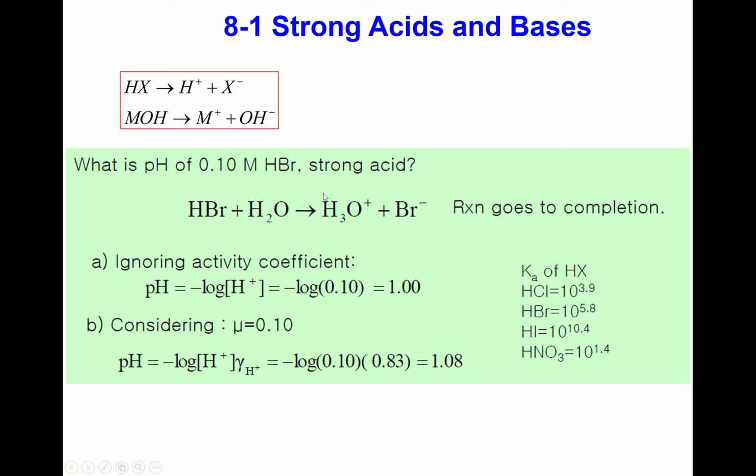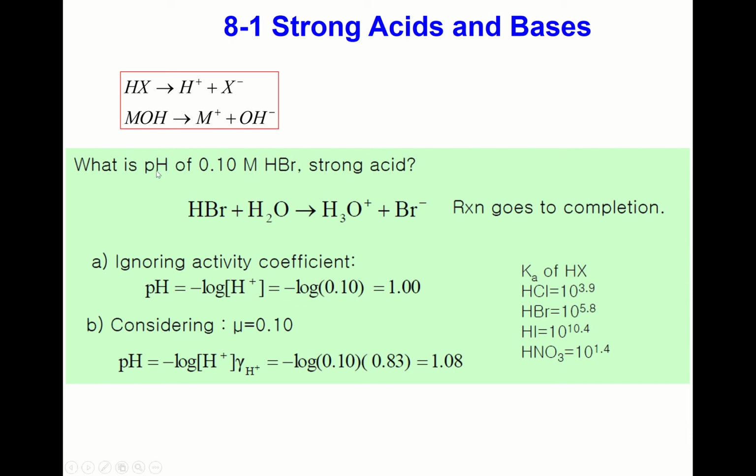But to treat this acid, we simply omit this water molecule here. So instead of writing it this way, we simply write it this way. Instead of hydrogen ion, we simply write proton. Anyway, from the definition of pH, what is the definition of pH? Negative logarithm of proton concentration.